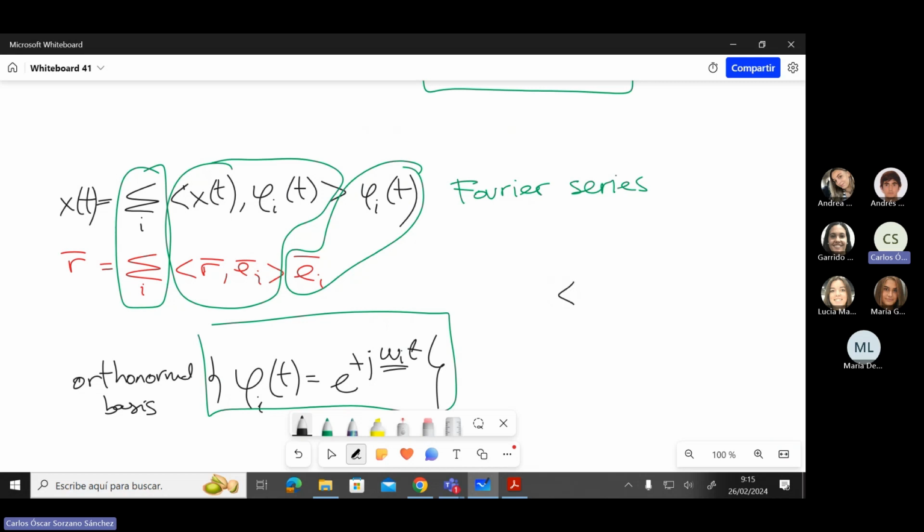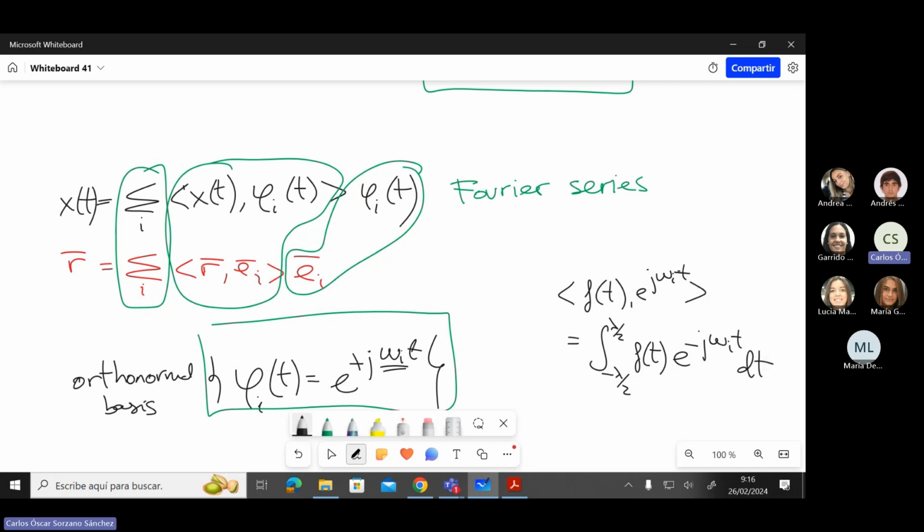So the inner product between f of t and my complex exponential is, let's make it as in the slides, f of t, and then this one complex conjugate. The complex conjugate of this one is this thing. And then differential of t.